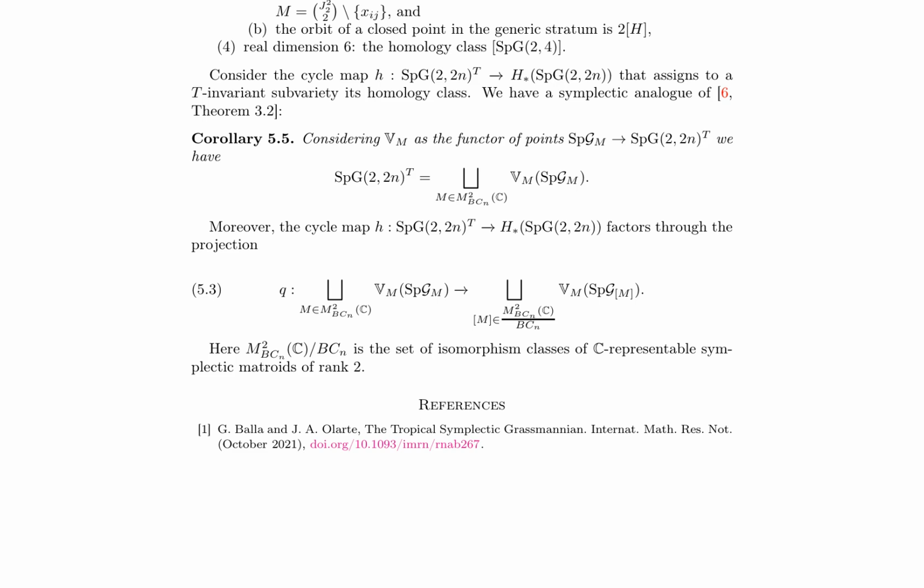Furthermore, corollary 5.5 establishes a fundamental connection between the functor of points Vm and the cycle map H, which has significant implications for the study of symplectic matroids and their representations. The projection given in equation 5.3 plays a key role in this connection, allowing for a deeper understanding of the relationship between symplectic matroids and the symplectic Grassmannian.